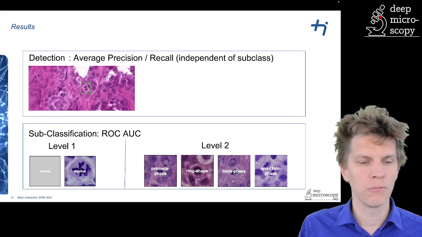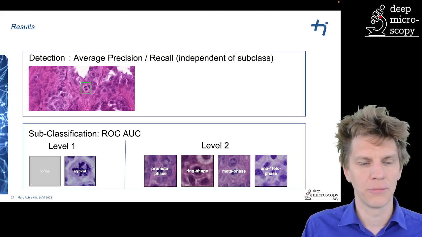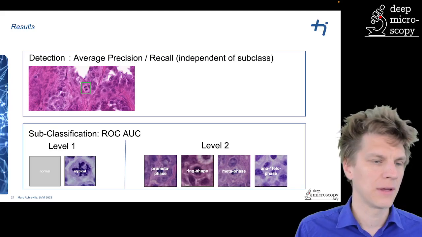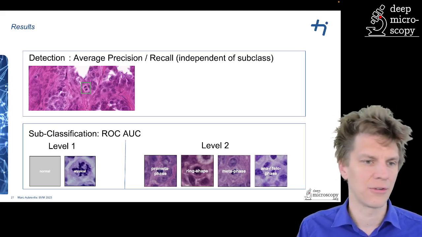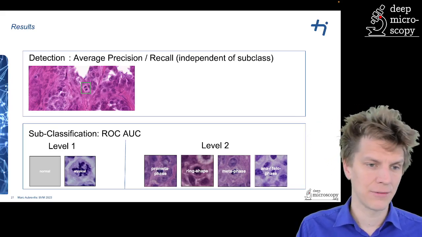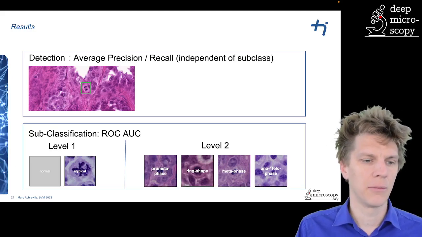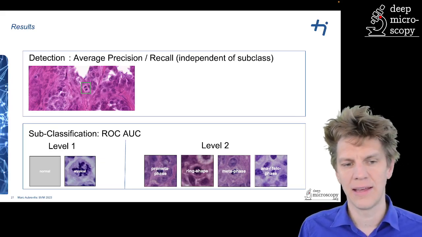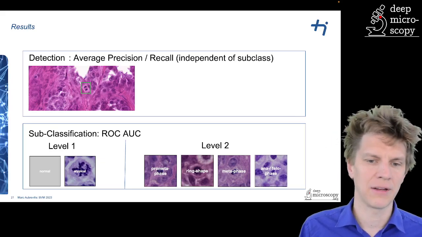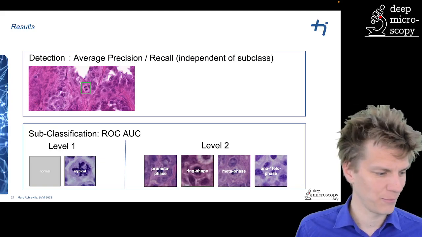So detection overall is one of the most important metrics that we have. We will measure this as average precision and recall. Then we have the subclassification, which we measure as ROC area under the curve, and which covers these 2 levels: atypical versus normal, and level 2, prometaphase, ring shape, metaphase, and anaphase-telophase.